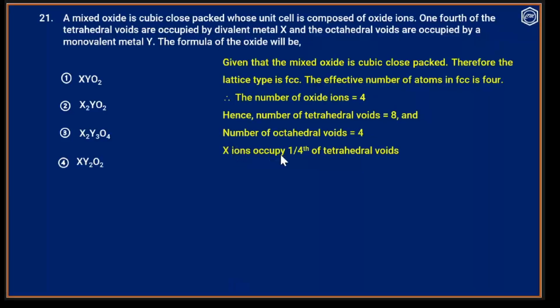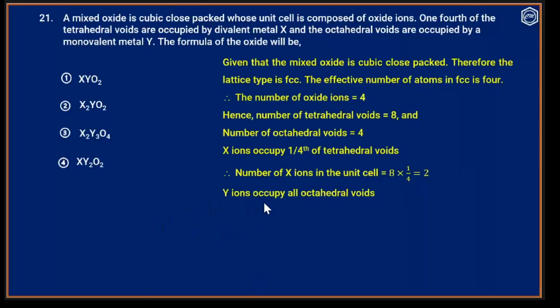X ions occupy 1/4 of the tetrahedral voids. So the number of X ions in the unit cell will be 8 into 1 by 4, equal to 2. Y ions occupy all octahedral voids, and the octahedral voids are occupied by monovalent Y. So the number of Y ions will be 4.